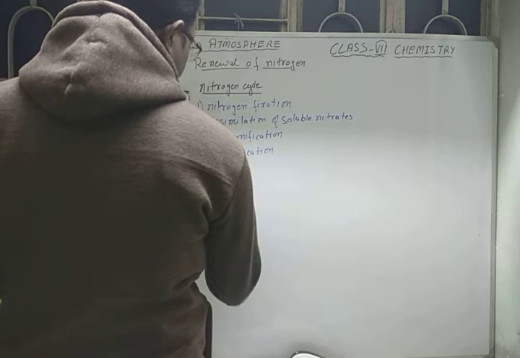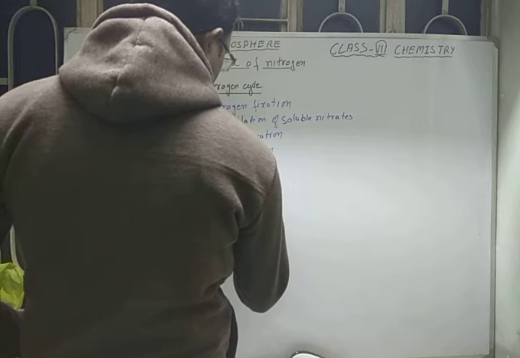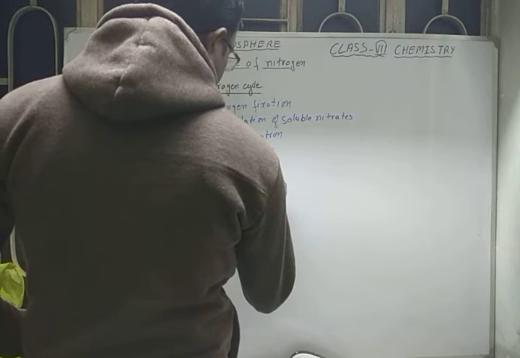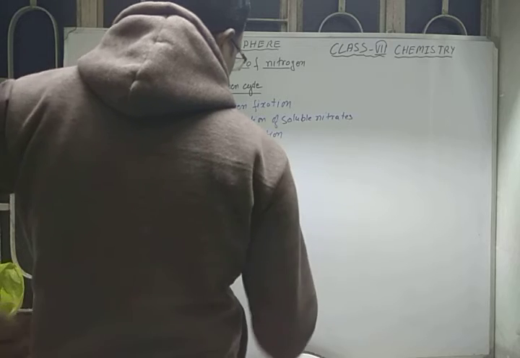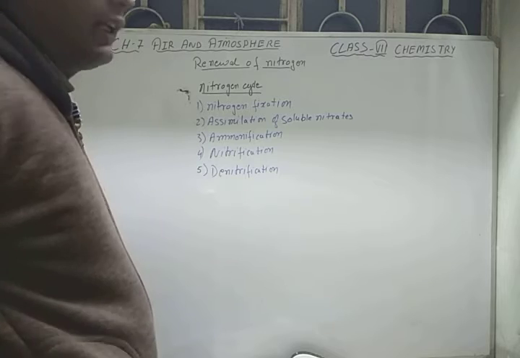And fifth one is denitrification. So one by one we will see all these 5 processes of the nitrogen cycle in nature.